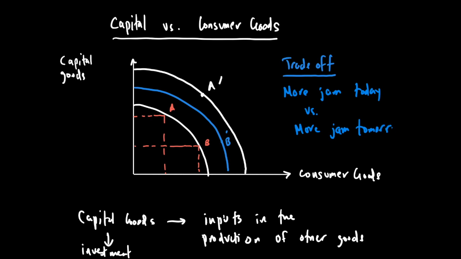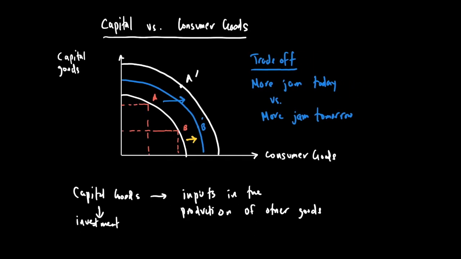If I decide to have more jam today, jam is a consumer good, of course, then this would mean I am right now country B, then I would have less jam tomorrow than another country, like country A, that decides to have less consumer goods today, but more consumer goods tomorrow, because they have achieved higher economic growth.